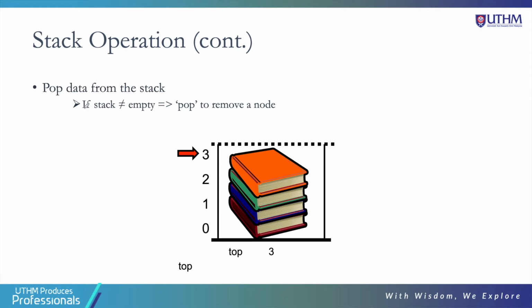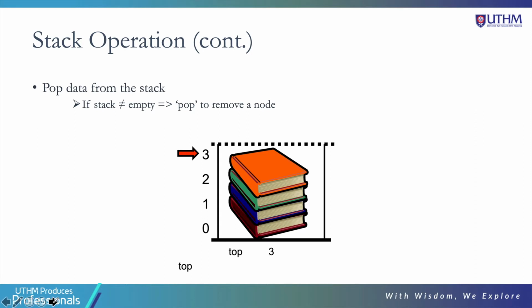Now is for pop, or to remove from a stack. So the top here is pointing to index 3, meaning that the stack is already full. So what happens if we remove the last book, the last book that has been inserted here, which is the orange book?